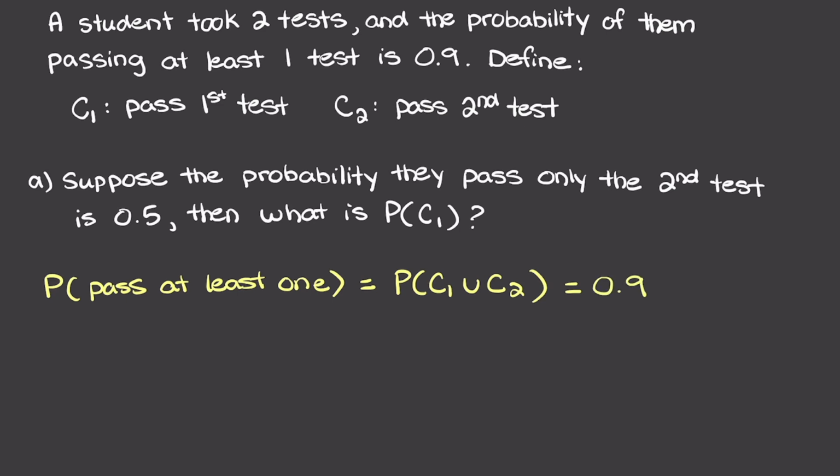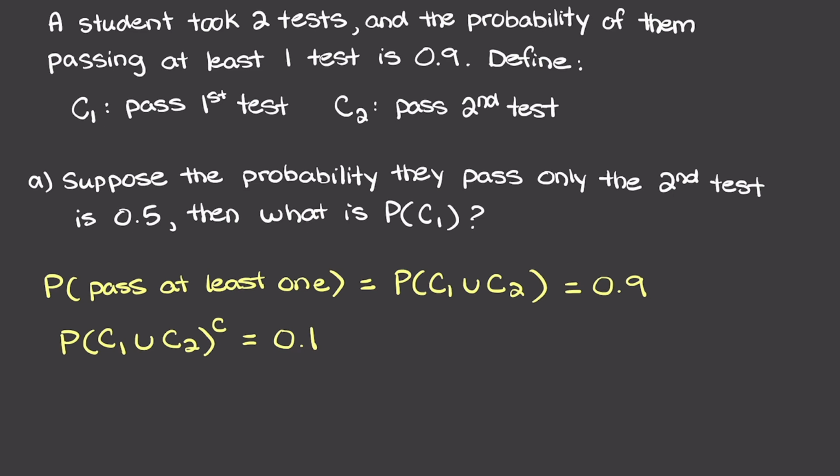Now, usually it's helpful to write down all the information you can get from that, and then we'll see what's helpful later on. So what I mean by that is we know this event and we know its complement. So the probability of (C1 union C2) complement is 1 minus 0.9, so 0.1.